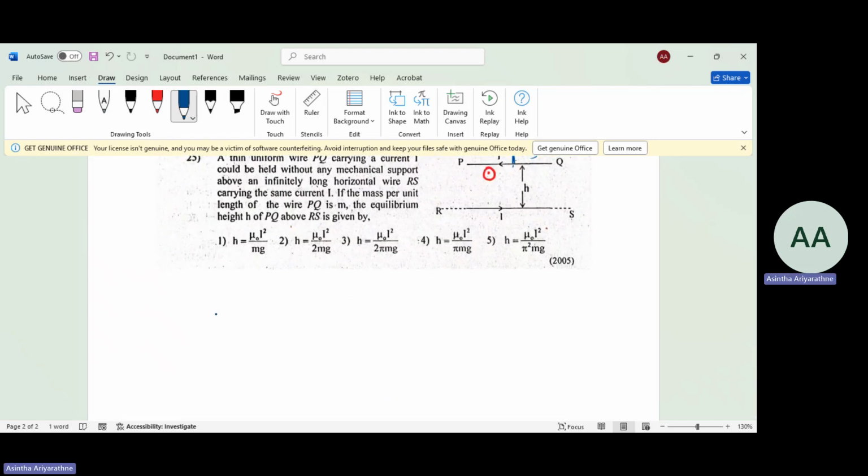This magnetic field on PQ, let's say B. This B you can find is mu naught I over 2 pi H. From the previous knowledge, the magnetic field around an infinite long straight current carrying conductor is mu naught I over 2 pi H, where H is the distance to the point considered.